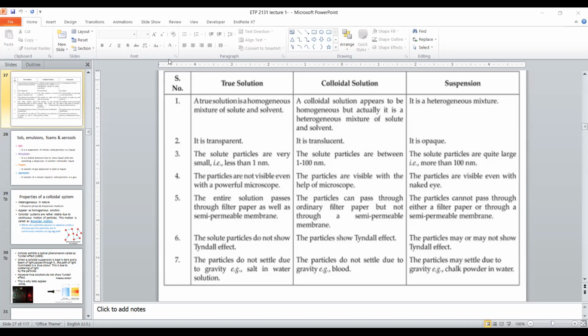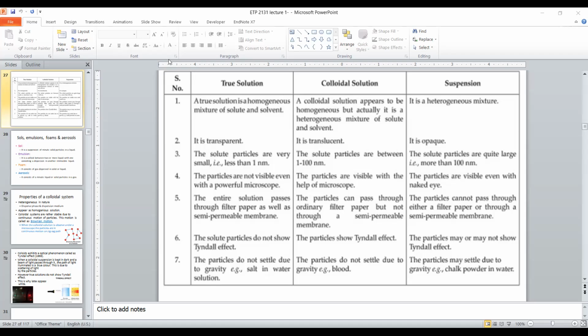Seventh point is, in true solutions, even after a longer period of time, the particles will not be separated due to gravity because they are already disintegrated into their relevant anion and cation or into the molecular form. So they will not settle.